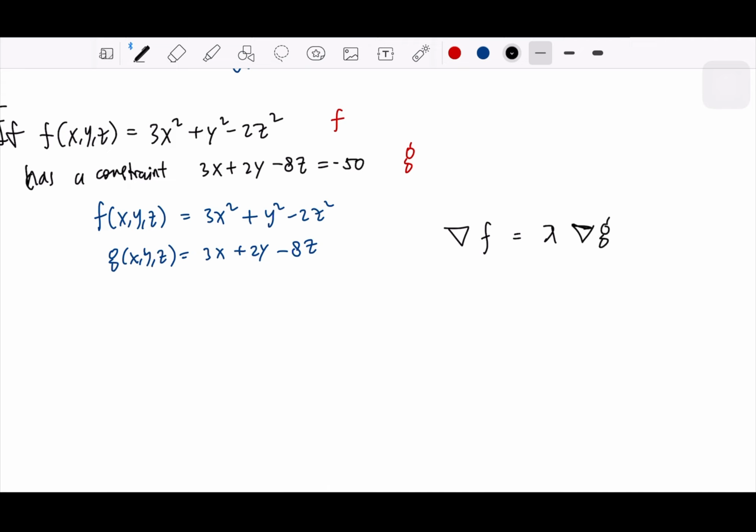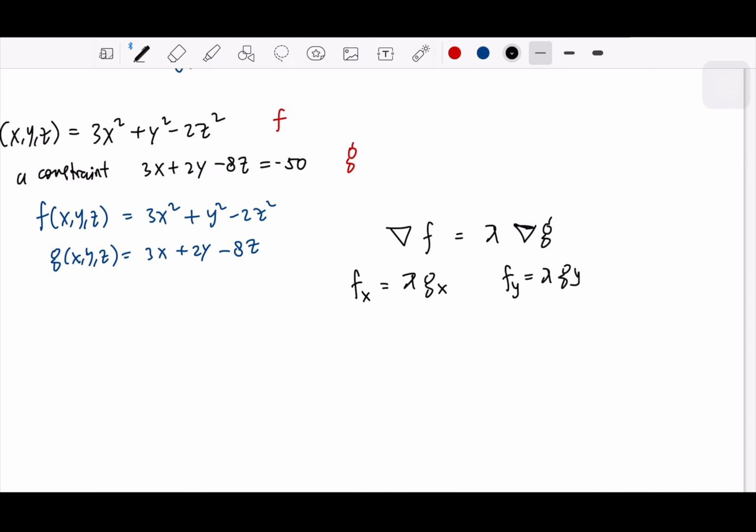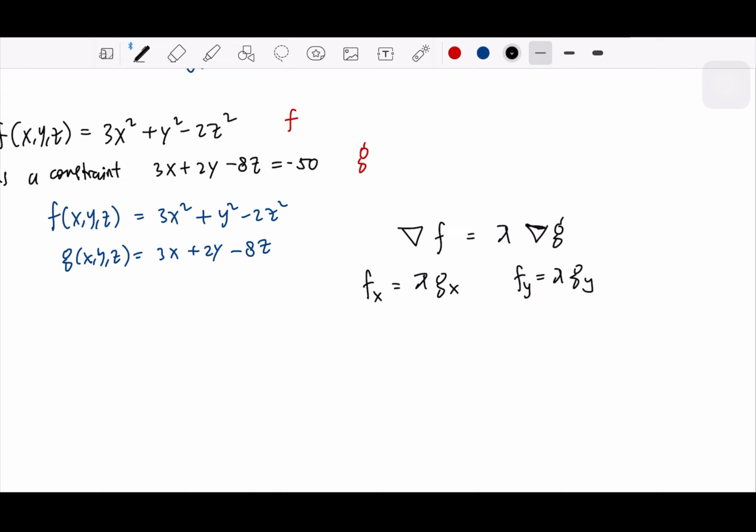Okay, we built this, and we start with each component: the component of x, the component of y, and the component of z. So we are going to solve the equations, finding either the x, y, z first or the lambda, the Lagrange multiplier, first. But let's just write all the partials.